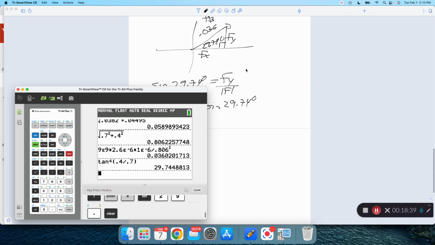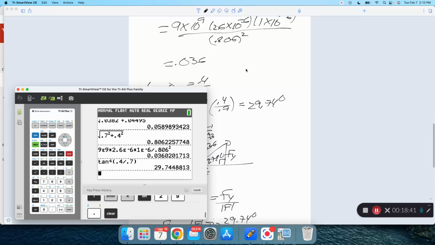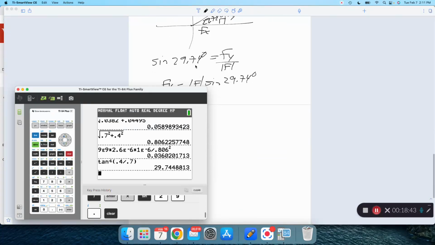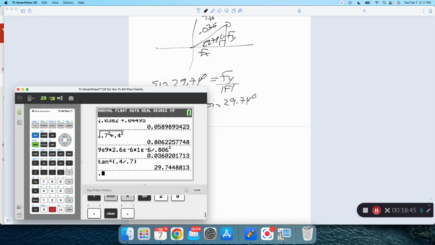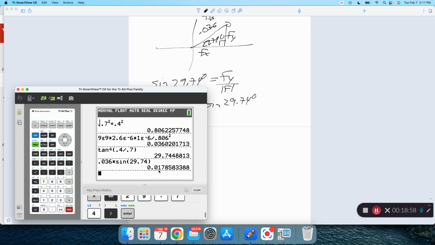The magnitude is not on my screen right now. That was 0.036 times the sine of that angle. And I could just do second answer, or I'm just going to type it in. 0.0179.